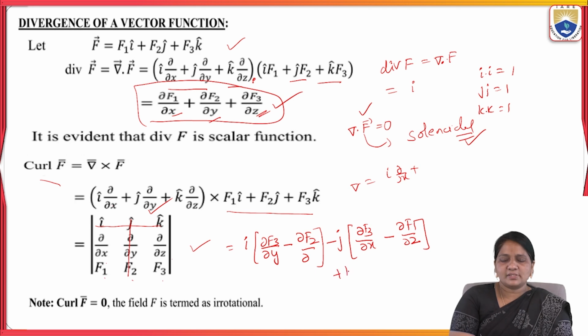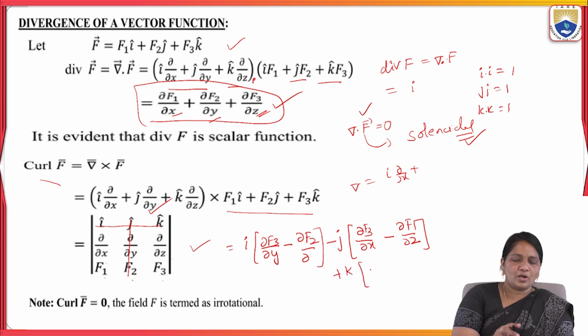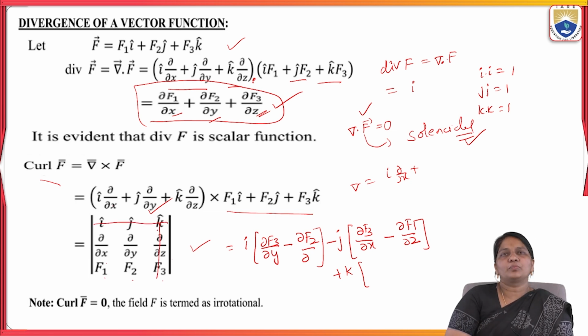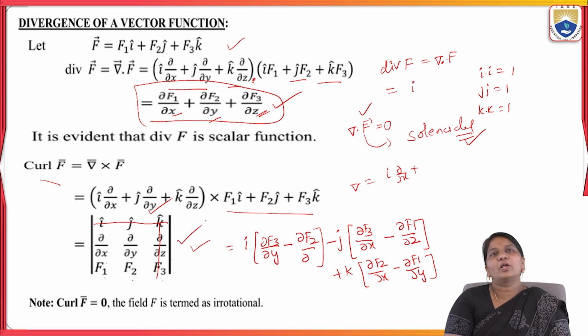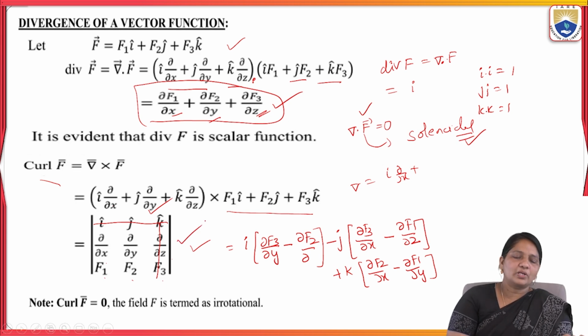Next, plus k into, now we take the third one. So the third column and first row, except those values we are taking here: ∂F2/∂x minus ∂F1/∂y. So this is the formula for the determinant value. If the problem asks to calculate the curl value, we have to use this one.